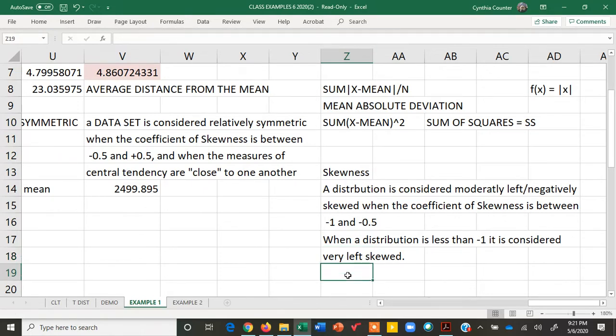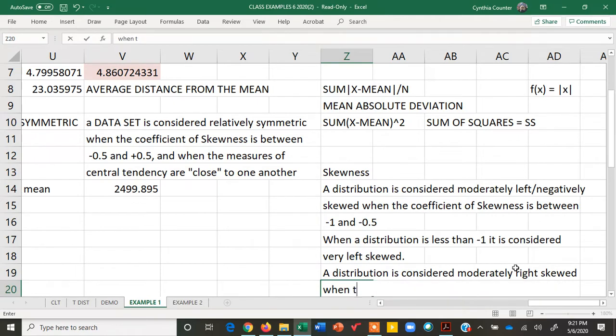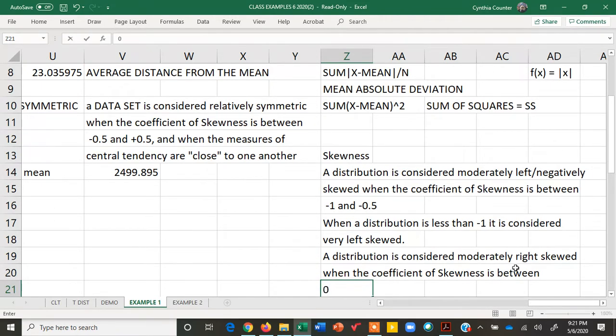Similarly, we have a distribution that is considered moderately right skewed when the coefficient of skewness is between positive 0.5 and positive 1.